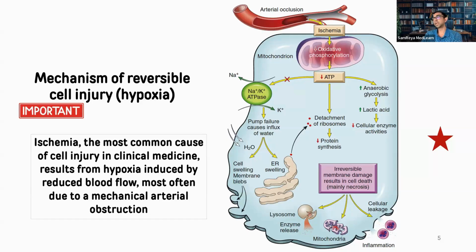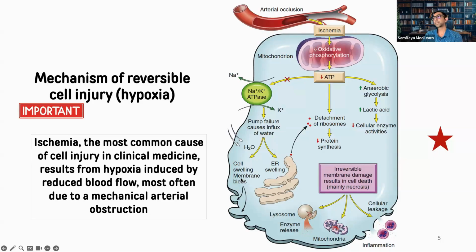Is the cell function affected? Yes, but not irreversibly as of now. So pump failure causes water influx, the cell starts to swell up, the endoplasmic reticulum starts to swell up, right? And the membrane of the cell starts developing what are called membrane blebs. They have asked all of these features in MCQs, so that is why I am stressing on these.